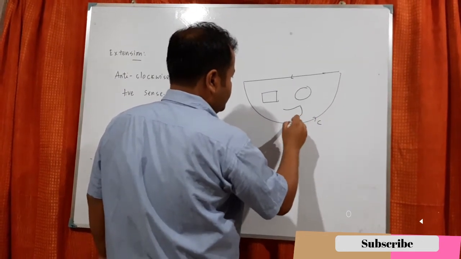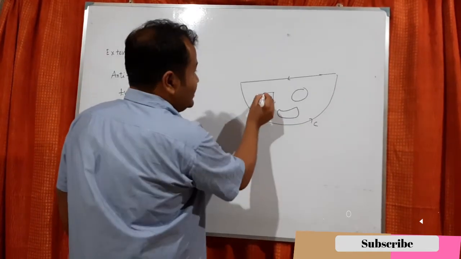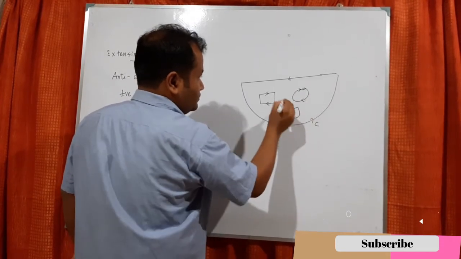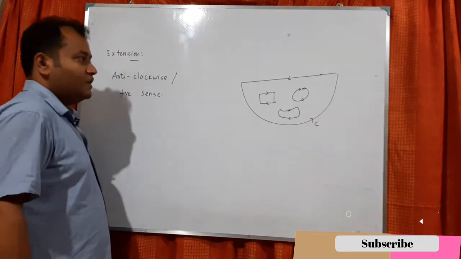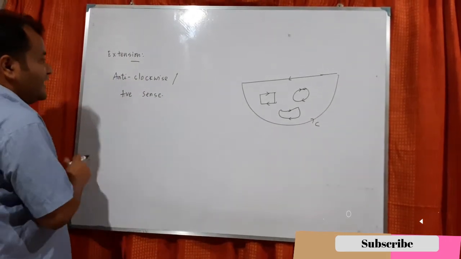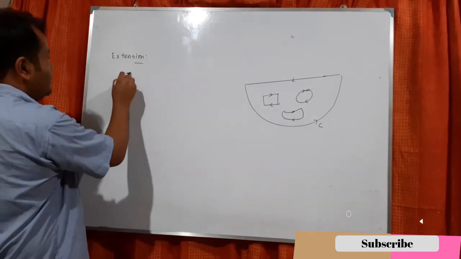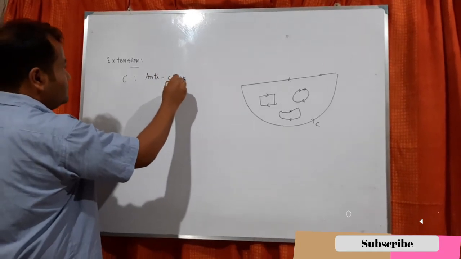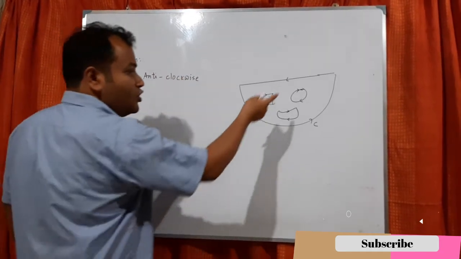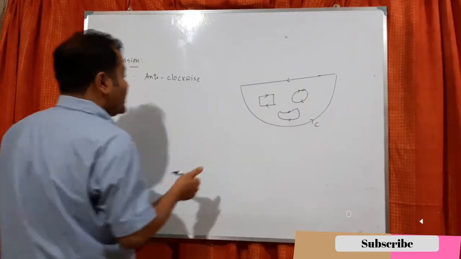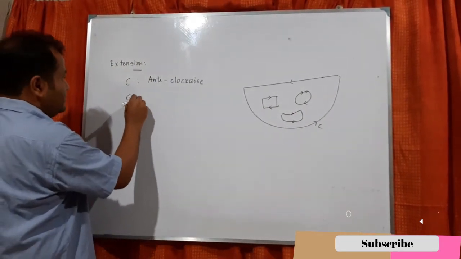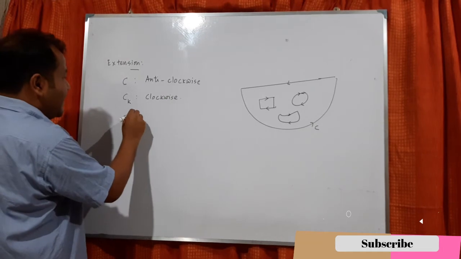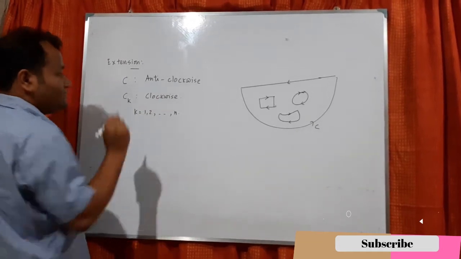But this one is in the clockwise direction. So we have a curve C which is in the anti-clockwise direction, and within that curve we have a few curves, say C_k, which are in the clockwise direction, with k from 1 to n.